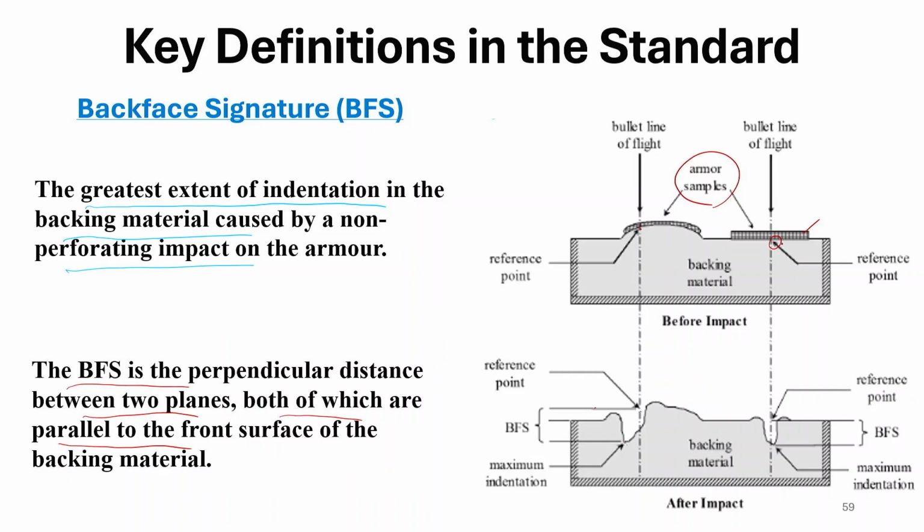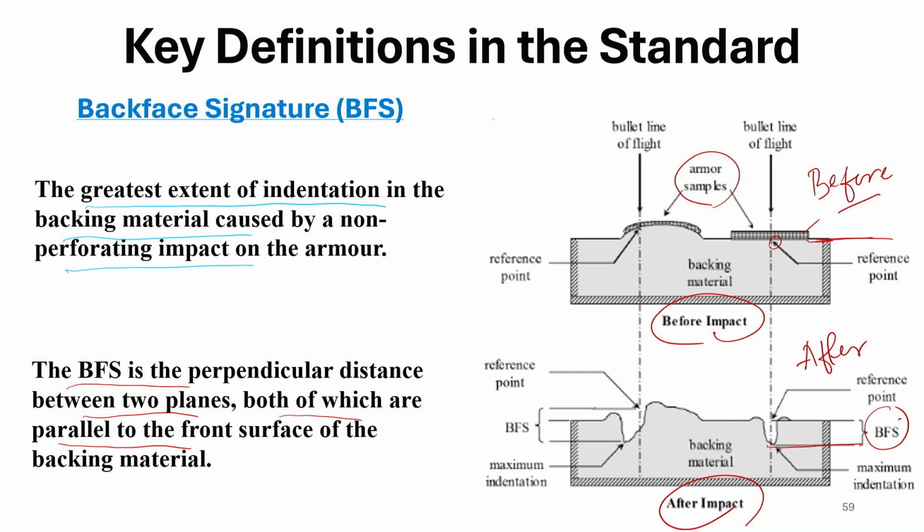This is before impact and this is after impact; after impact there will be deflection. So from here we know this is the reference point plane, and after that comes the deflection. This is a simple one, and we can get the back face signature.